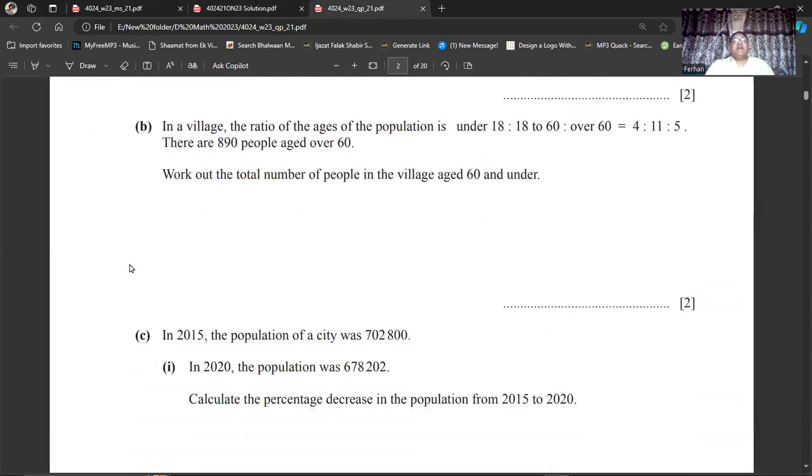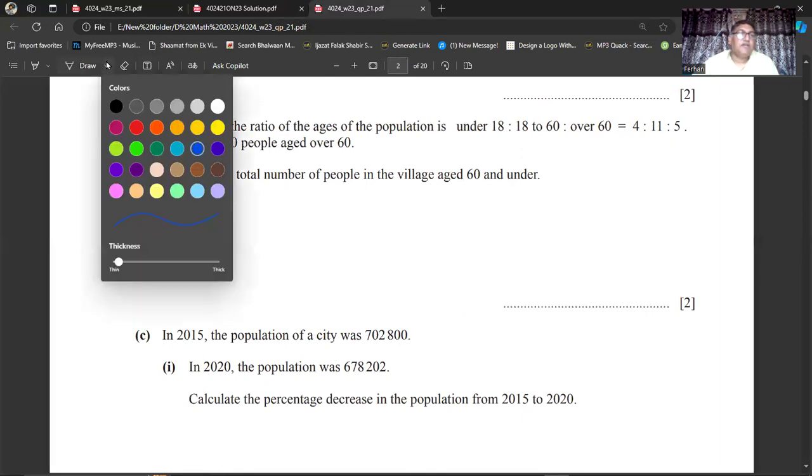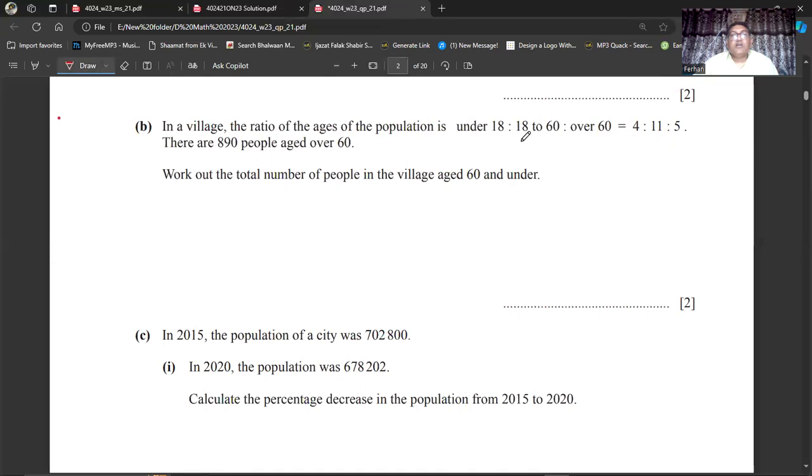Part B. He says in a village, the ratio of the ages of the population is under 18, 18 to 60, and over 60. That ratio is 4, 11, 5.